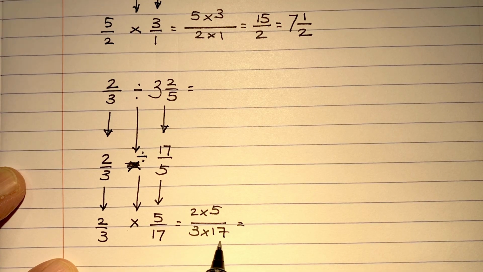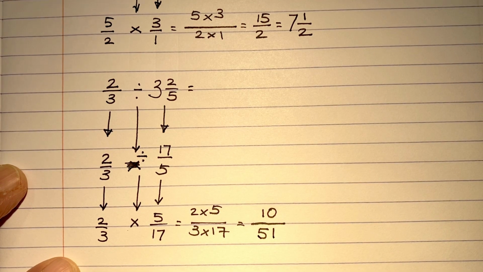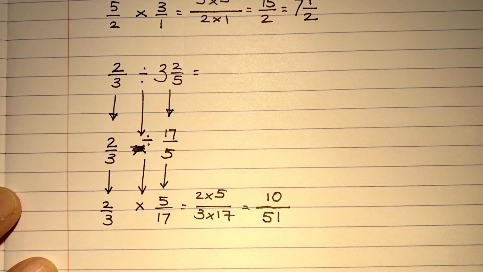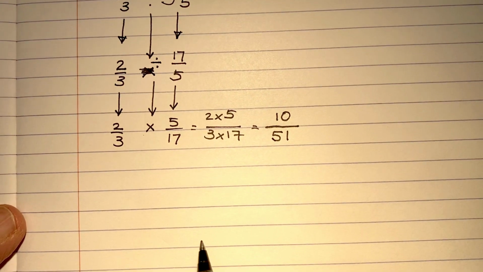None of them cancel. 2 times 5, 10. 3 times 17 is 51. That's your final answer.